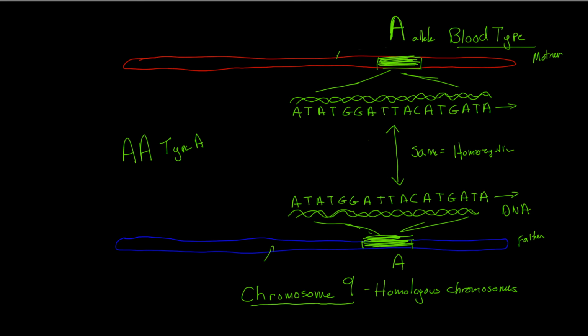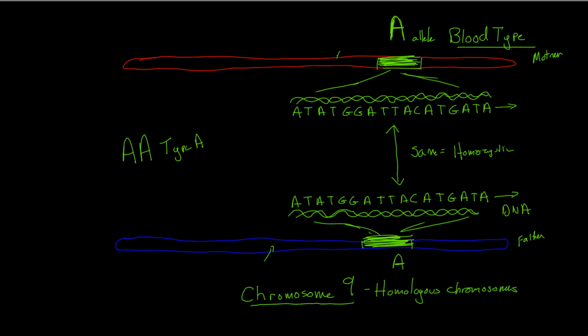So if this represented someone with type A blood and they had two A alleles, we would call them homozygotic. Now, if these two A alleles were dominant alleles, we would call them homozygotic dominant. If they were recessive alleles, we'd call them homozygotic recessive.